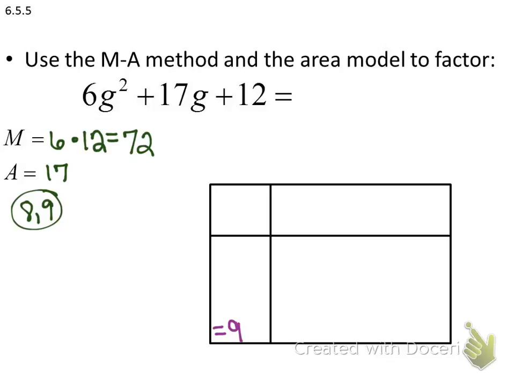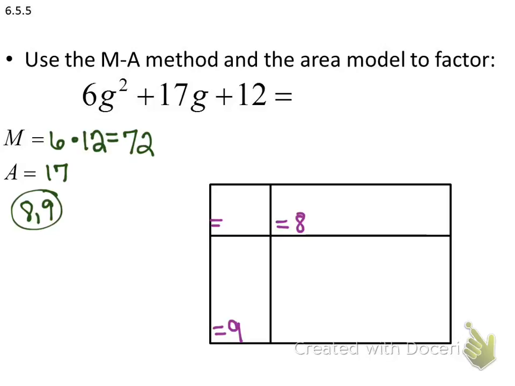Yeah. And 8 over here. Okay. You see? What am I going to put here? We know that 8 and 9 is going to equal 17. So that takes care of that middle term.